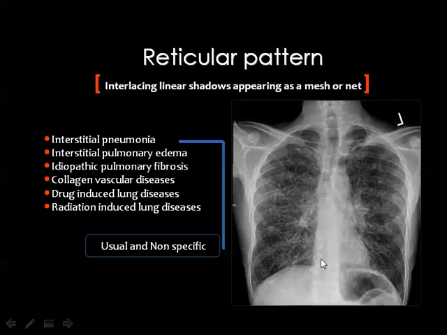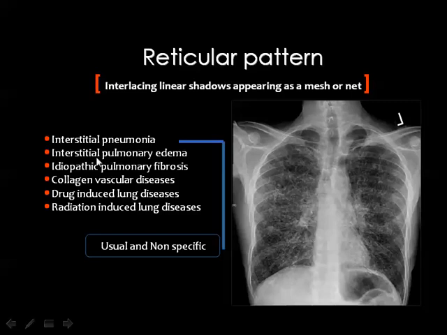What about the nature of the pattern of diffuse lung disease? If you are now dealing with a reticular pattern, what are the possible diseases that can induce reticular opacities in the lung? Number 1 is interstitial pneumonia.